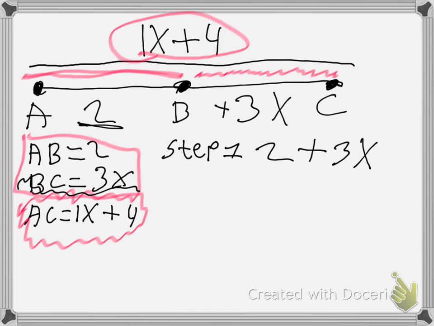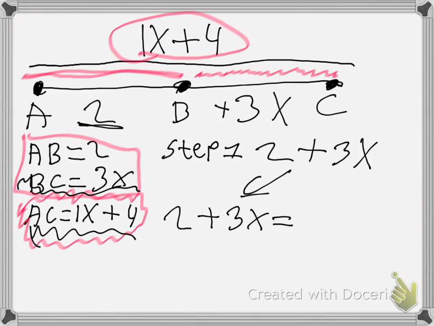There's not enough space, so I'm just going to put it over here. 2 plus 3x equals the whole thing, 1x plus 4. Okay, so we're going to copy this on the next half.